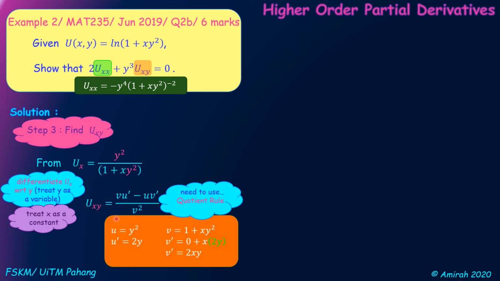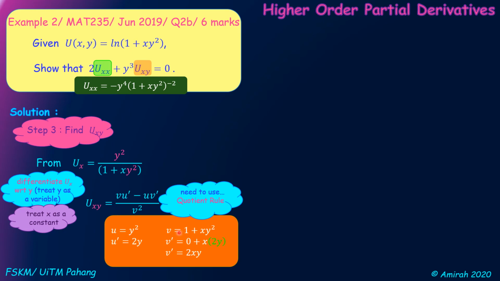Our u equals the numerator, y squared, and v equals the denominator, which is 1 plus xy squared. Then we differentiate y squared with respect to y, so we get u prime equals 2y.